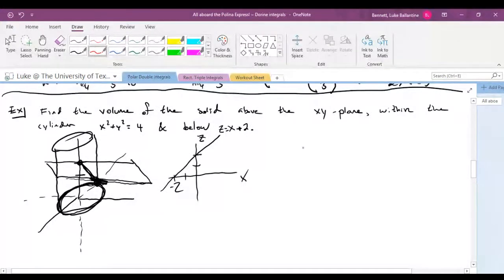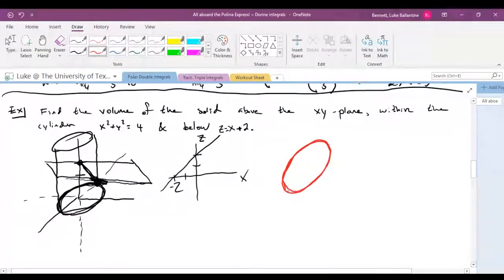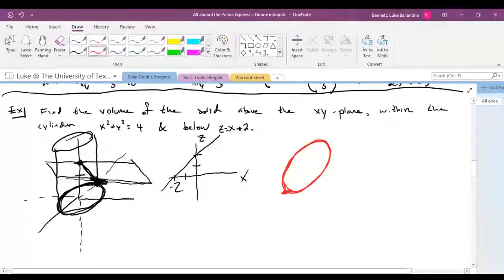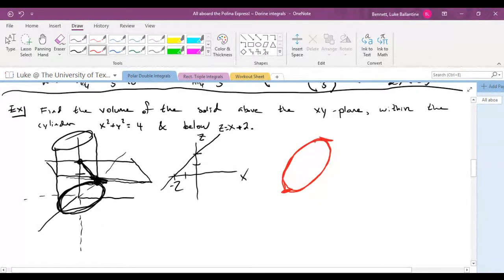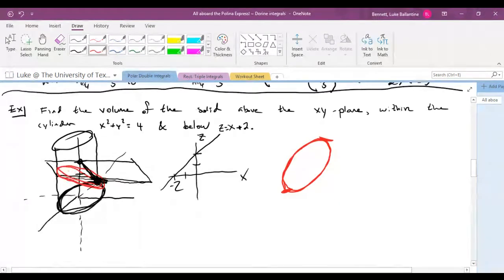It would look like that, where this is the negative 2, and this is some part in the positive x. So yeah, it'd be just a rotated ellipse.